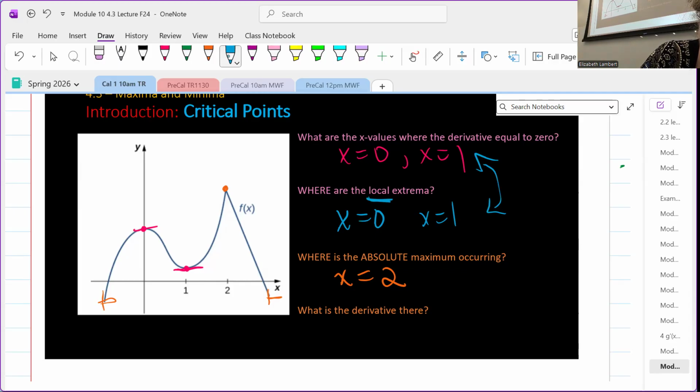So where is the derivative equal to 0 and where are the local extrema? Those are the same. But when we talk about the absolute max and min, we have more considerations. You're right, x equals 2 is also a local extrema.